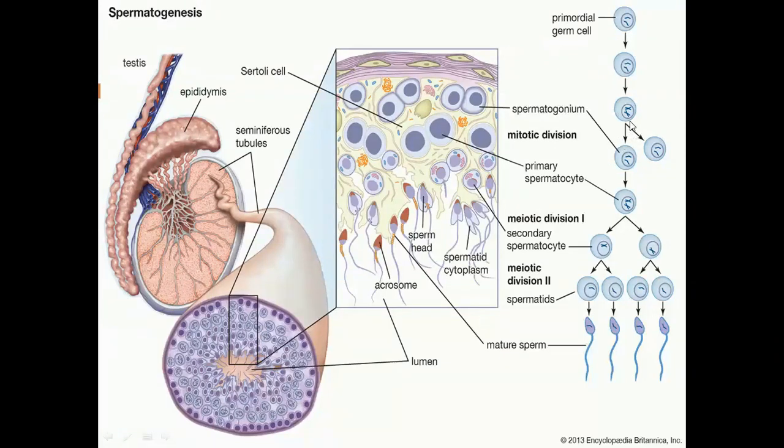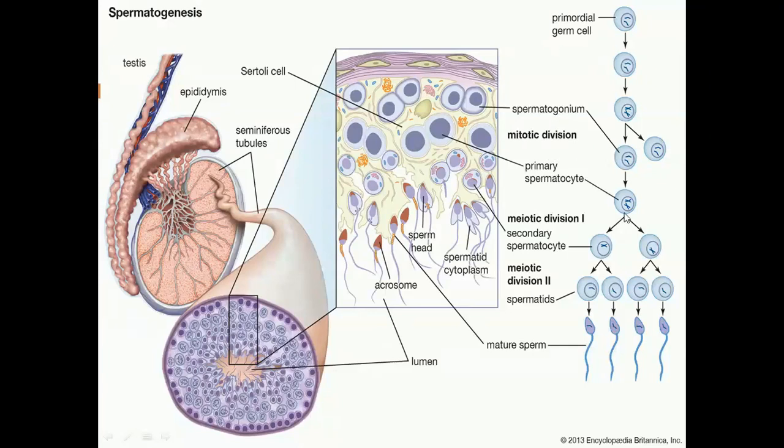The process by which the primordial germ cells give rise to the primary spermatocyte is mitosis. The first division is mitosis here.